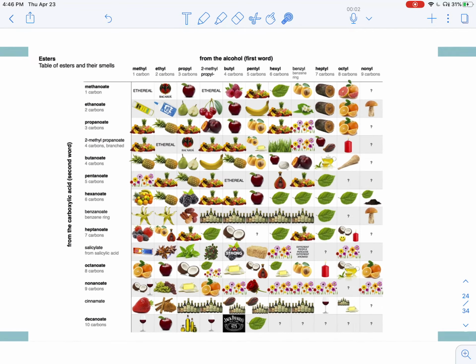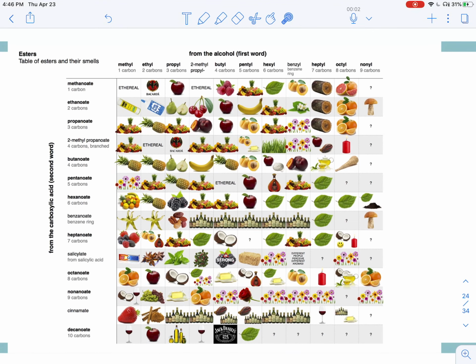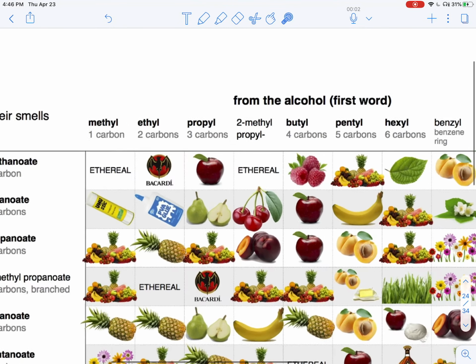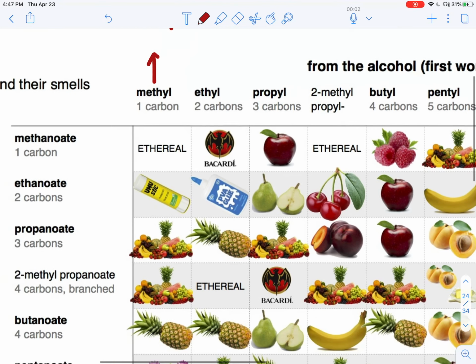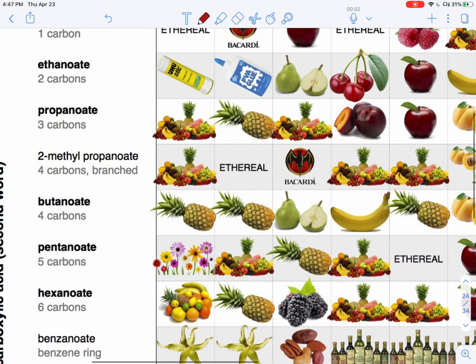So I went online, as I do, because I love looking things up, to see where I could find some of these. So this is a really cool table showing, okay, this is from the alcohol. So as in, if we had a 1 carbon alcohol, as in CH3OH, so this is methanol, plus we wanted to do butanoate. What would butanoate look like?